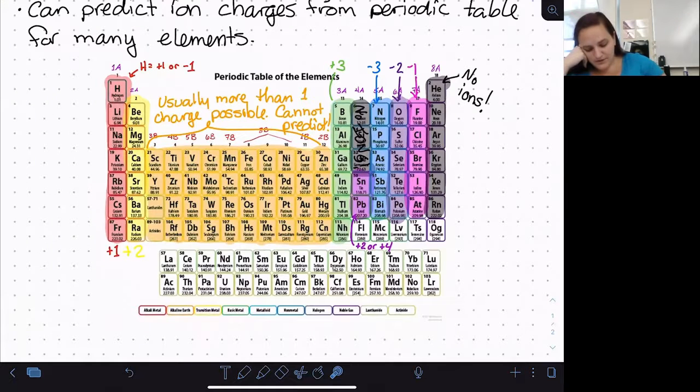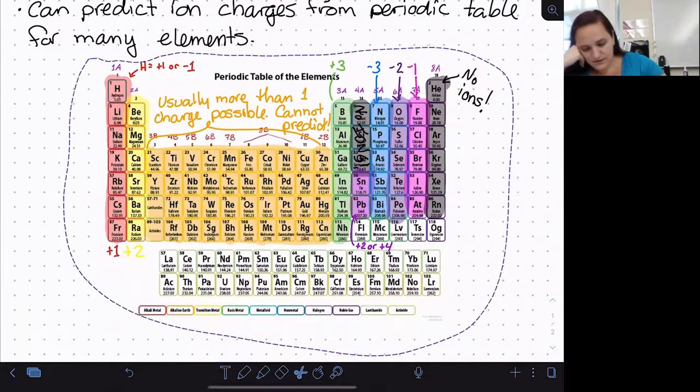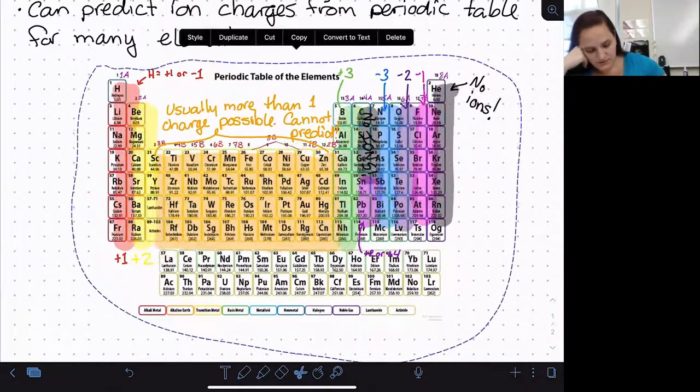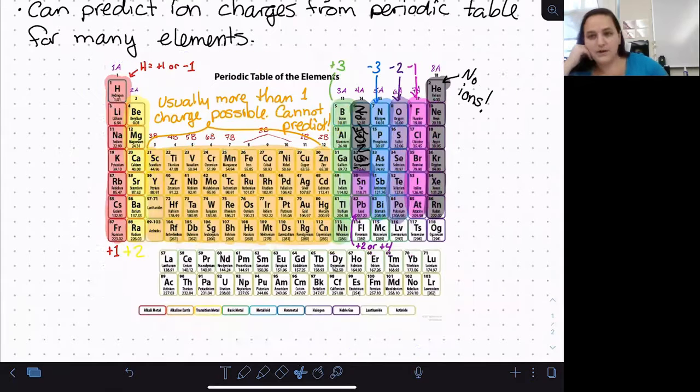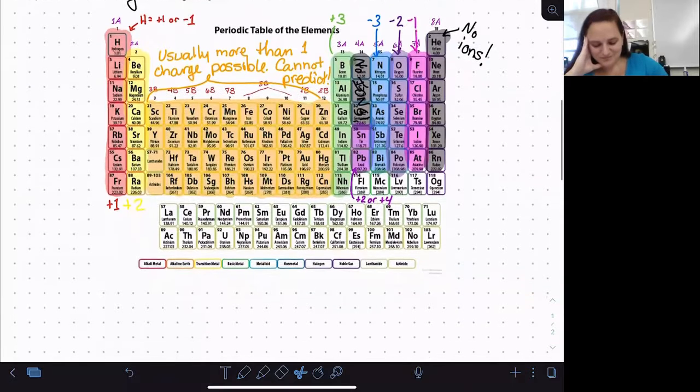So if we want to do that, move this off to the side. Oh no, that's not what I wanted. We'll just leave that where it is. If we want to write the formulas for some ionic compounds, I'll just do one or two examples.